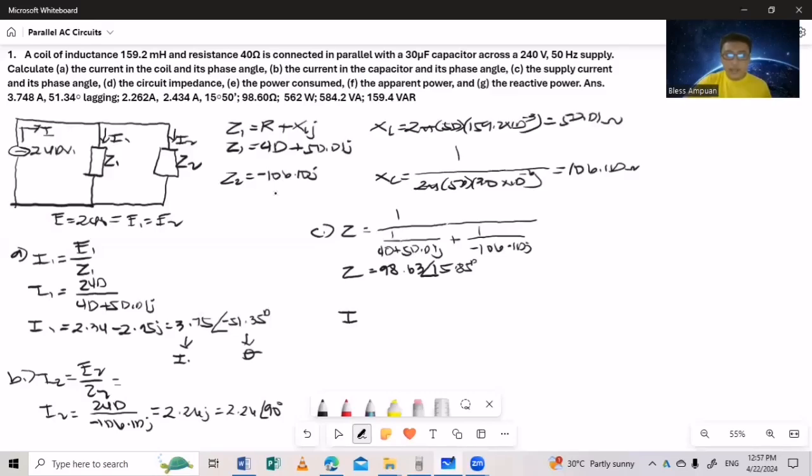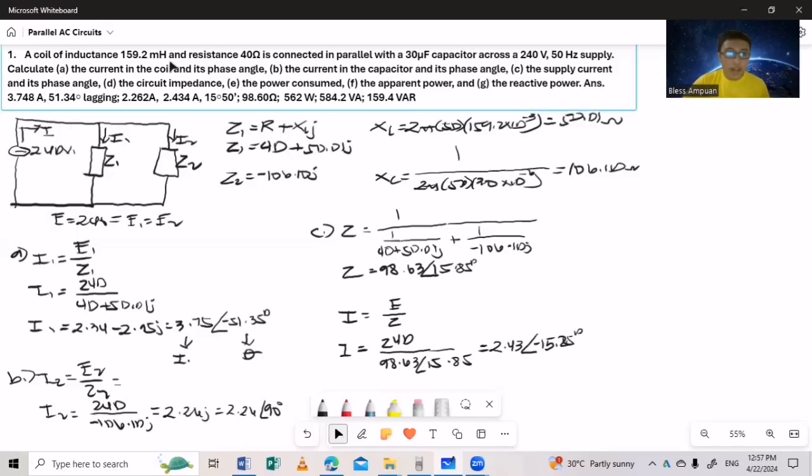Now, the current equals the supply voltage over the total impedance. Our supply voltage is 240, and this is 98.63 at 15.85. So therefore, our total current is equal to 2.43 at negative 15.85 degrees.